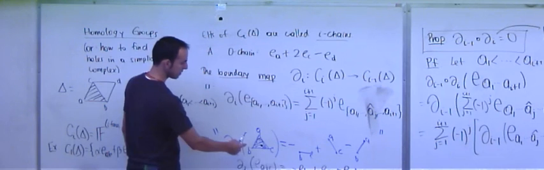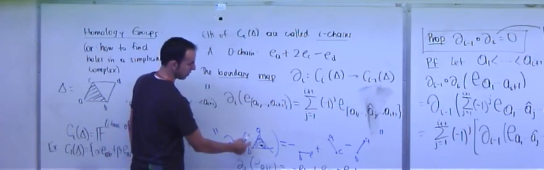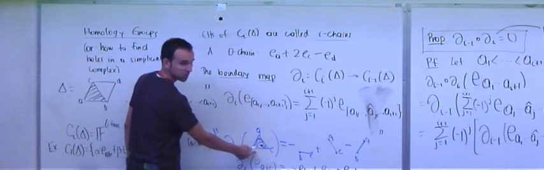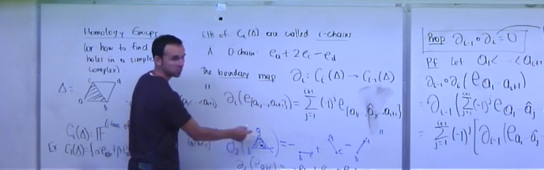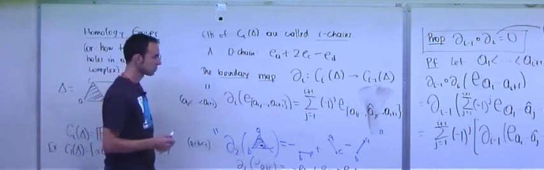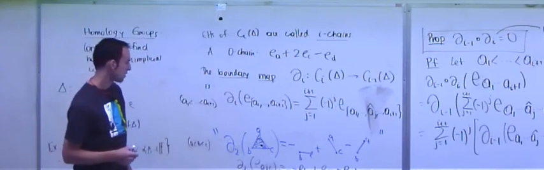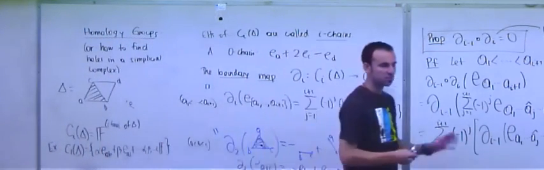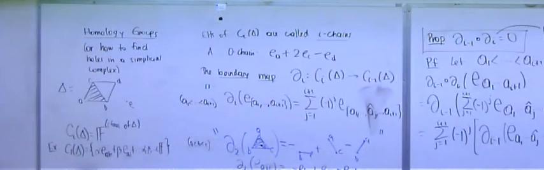The boundary of this guy is AC plus CB, which is minus BC, plus BA, which is minus AB. So that's another way that you can think about these signs. It's just what comes naturally from these sign conventions. Okay. All right.